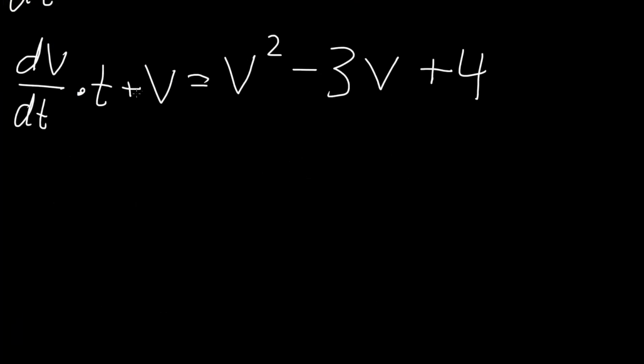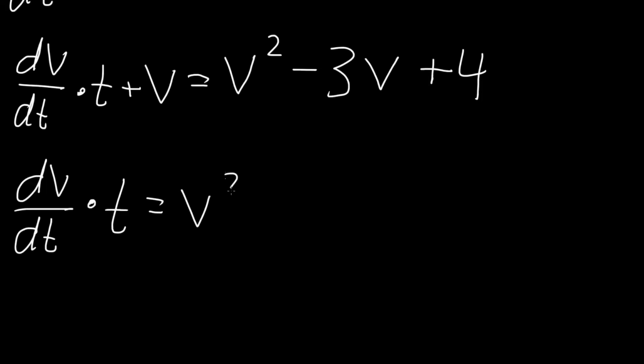Next we will eliminate this plus v, and we'll say minus v here, and so we would get dv over dt times t is equal to v squared minus 4v plus 4.